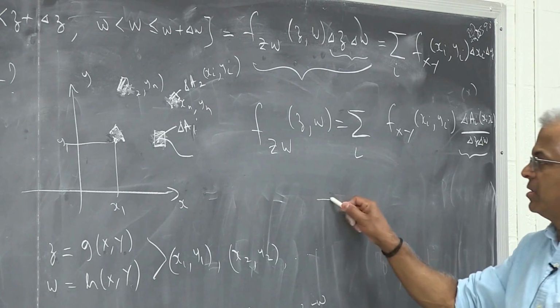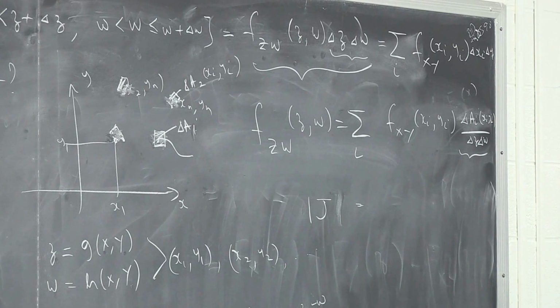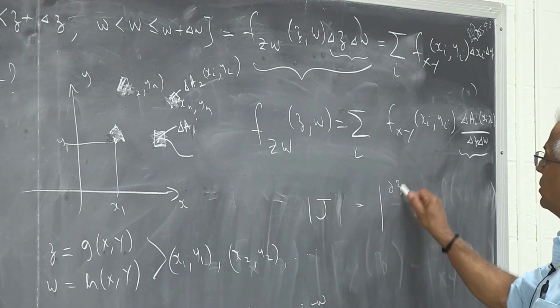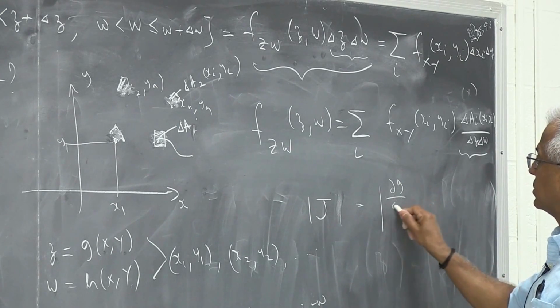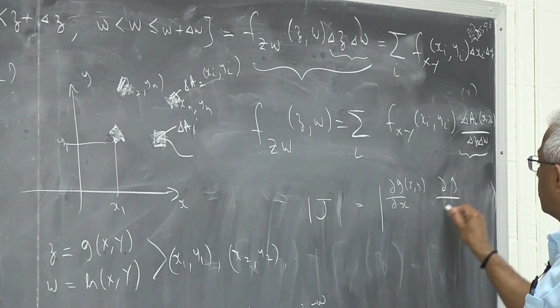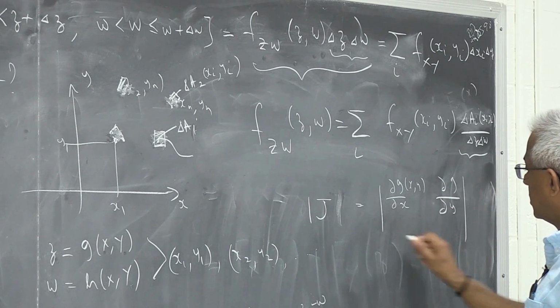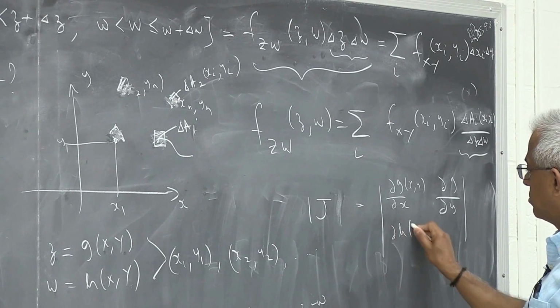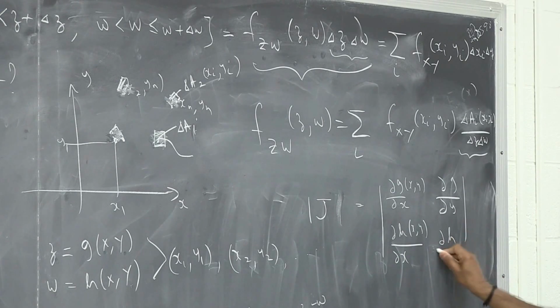So the Jacobian of the transformation, you can write it in two ways. You can either write it in terms of the given functions: dg by dx, remember, g is in terms of x and y, dg by dy, dh by dx, dh by dy.